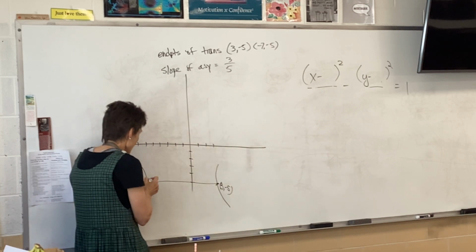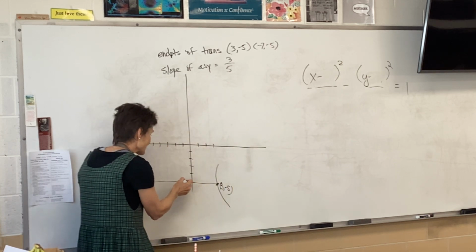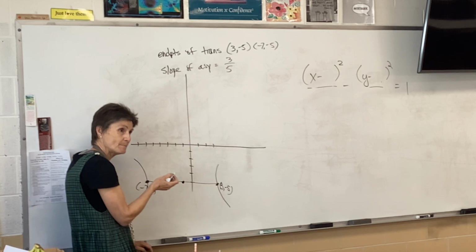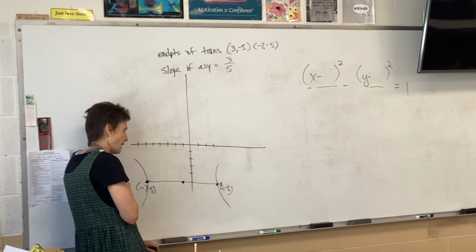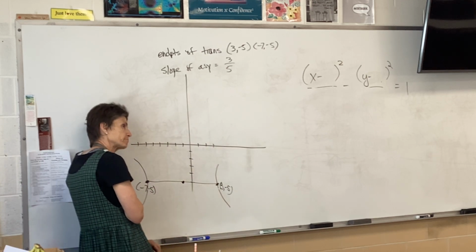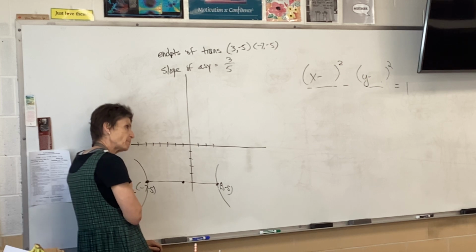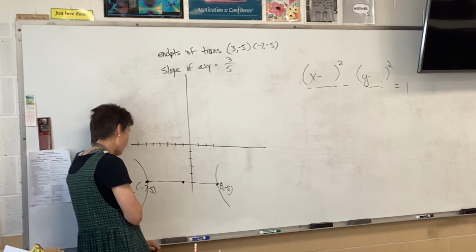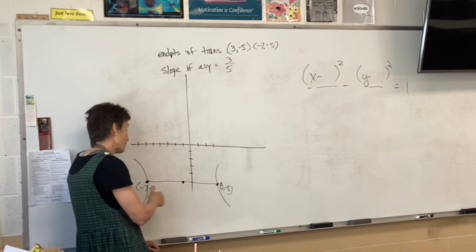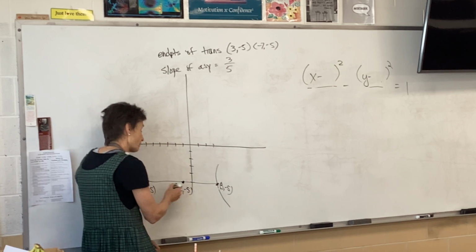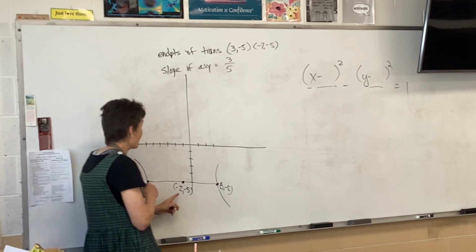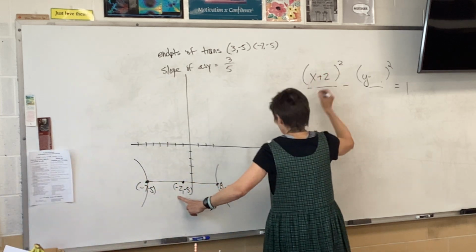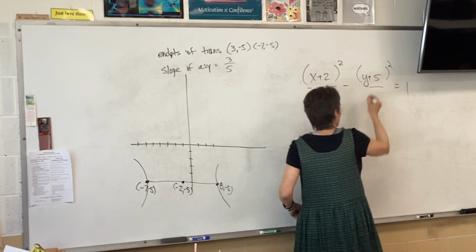And if these are my vertices, isn't my center going to be right in the middle of all that? So -7 and 3, I need the midpoint of that. You can count on your graph paper always, or you can average -7 and 3. The average would be -2. Okay, Eddie, you still with me? Yep. So I got x plus 2 and y plus 5 as my center.